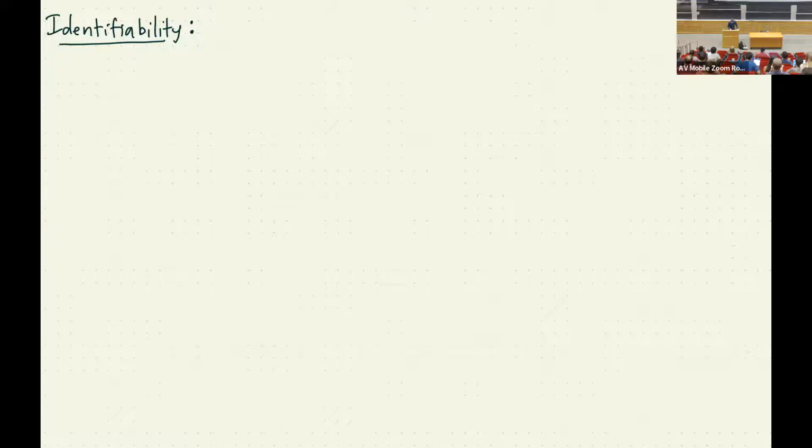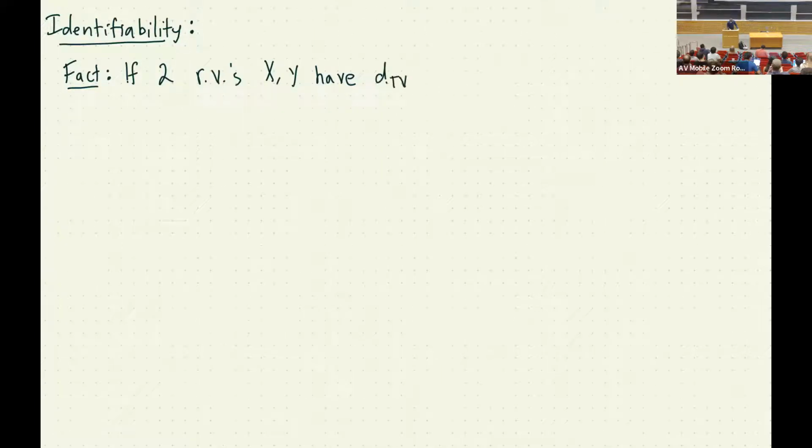Let me first state a fact, and this is a basic fact about total variation distance. If two distributions, let's say random variables, X and Y, I'm going to be a little loose technically; I should talk about the distributions for these variables, but I'm just going to talk about total variation distance between random variables and hope that everyone's okay with my abusive notation. Have dTV, that's my notation for total variation distance, less than, let's use delta so that we don't confuse it with epsilon.